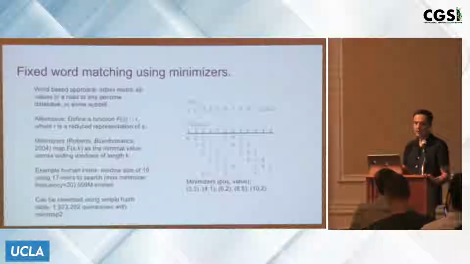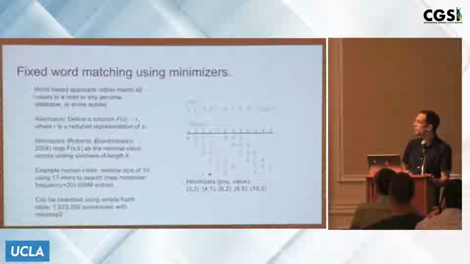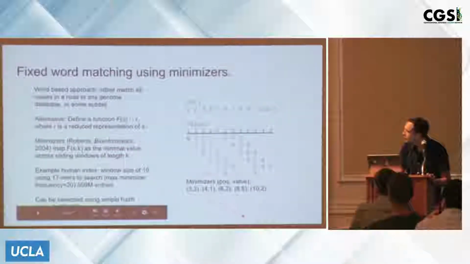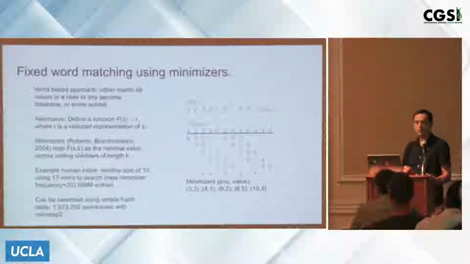Well, it turns out that it's a fairly compact data structure. There's about 500 million entries if you use a window size of 10 and 17-mers to do a search across the genome. Previously, if you recall, the BWT search had about 150,000 or so queries per second, and this is around 2 million queries per second.